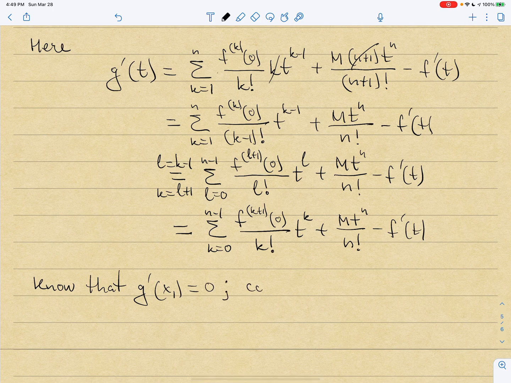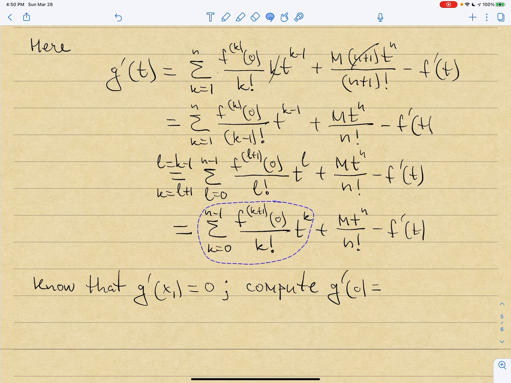So now I'm going to compute g prime of 0. Okay, what is g prime of 0? Once again, I start with a sum. So every term in this sum is going to be 0 because it has t in it, except for the first one where k is 0.